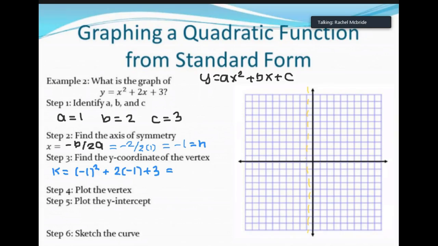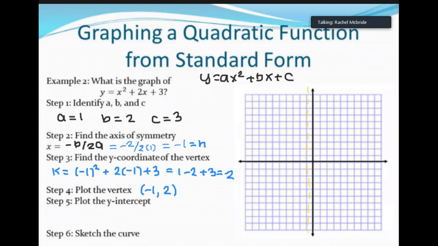So you get negative 1 squared, which is 1. Then you get 2 times negative 1, which is negative 2, plus 3. So 3 plus 1 is 4. 4 minus 2 is 2. So that represents k. So my vertex is negative 1, positive 2.